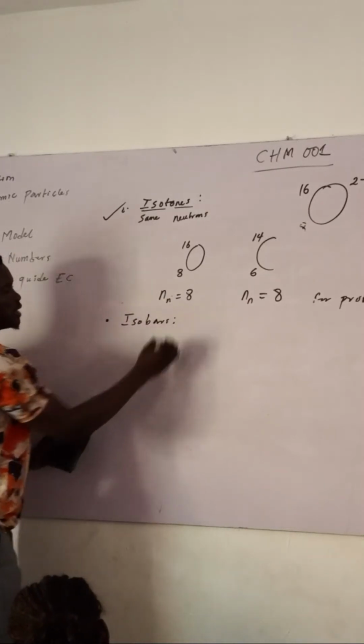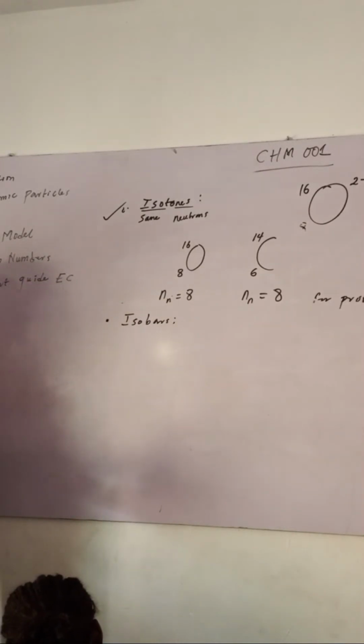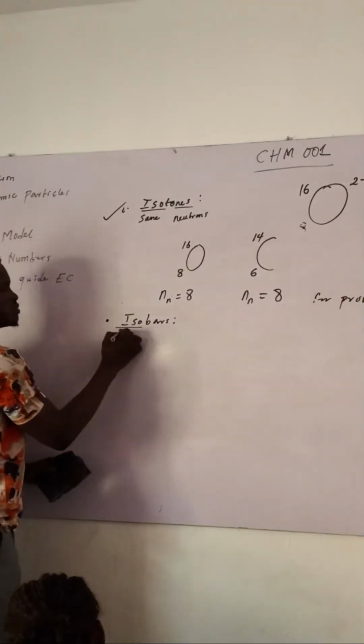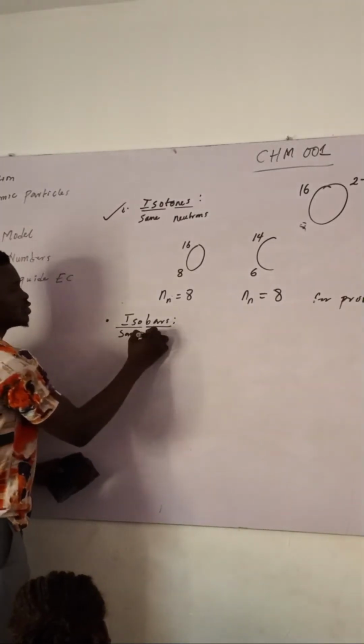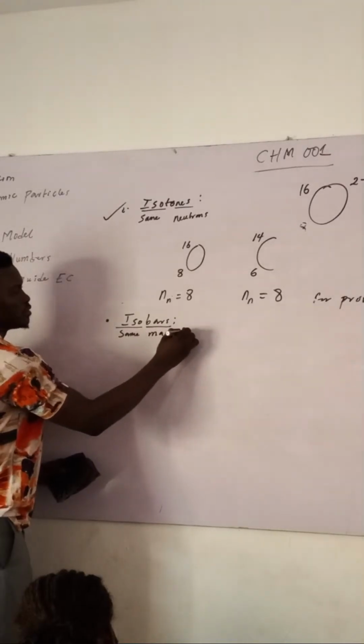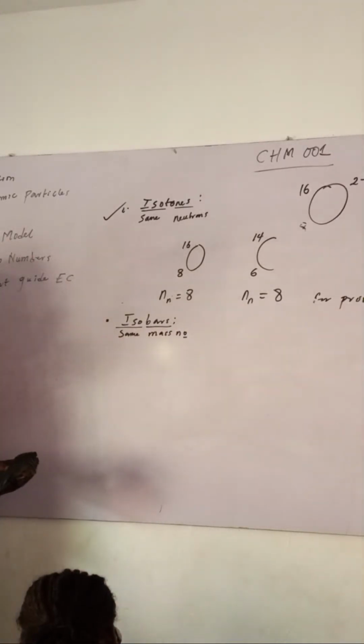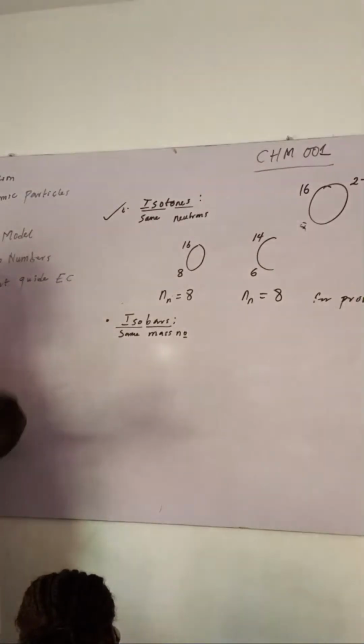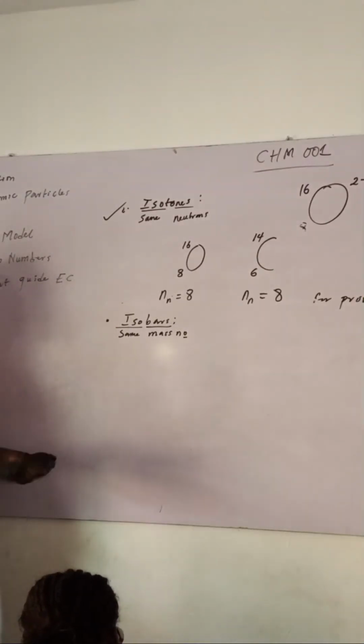Isobars. Isobars, from the word bar, they have the same mass number. The one that used to be at the top is the mass number. So isobars means atoms or nuclides of the same mass number, but different atoms.